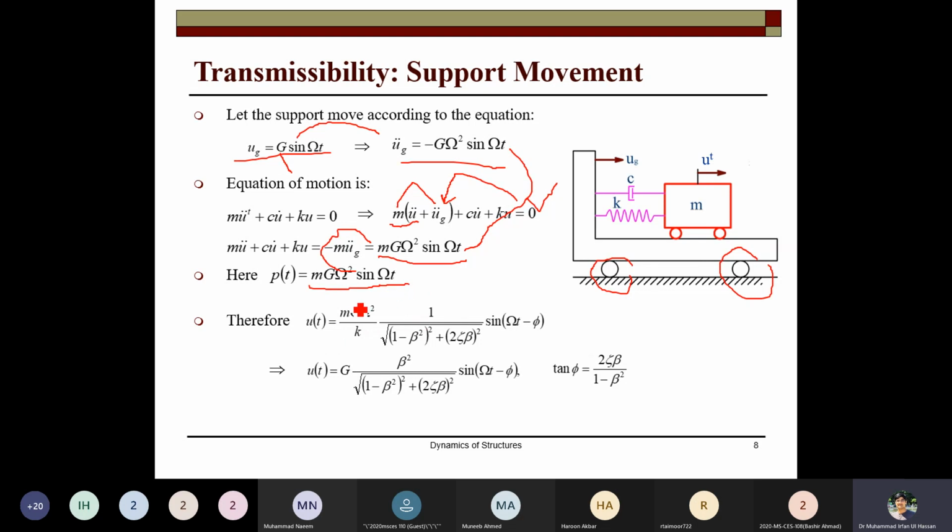So you can put this value, and then this will be the response of the system in case of the ground motion. This will be the response of the system further simplified, and this is the phase angle in case of the ground motion. Now the point is that how much force is transferred to the ground, transmissibility.